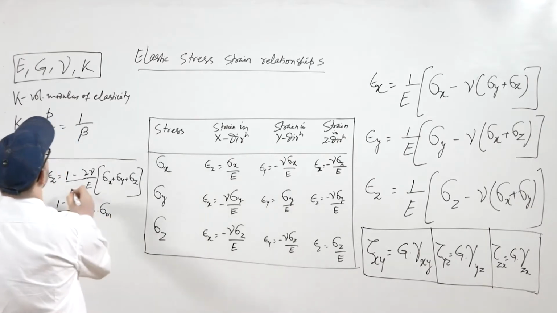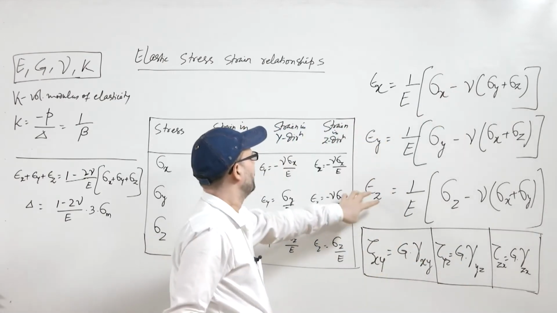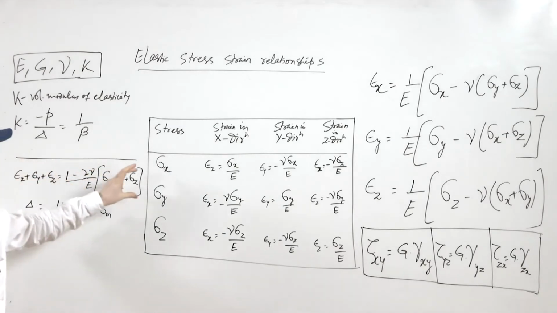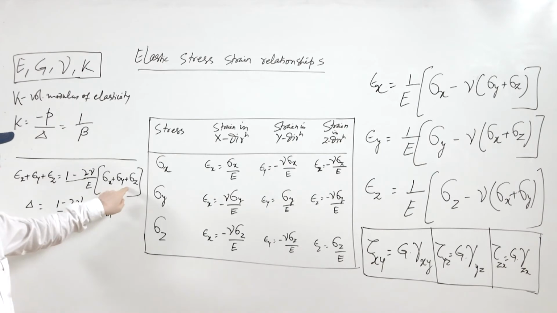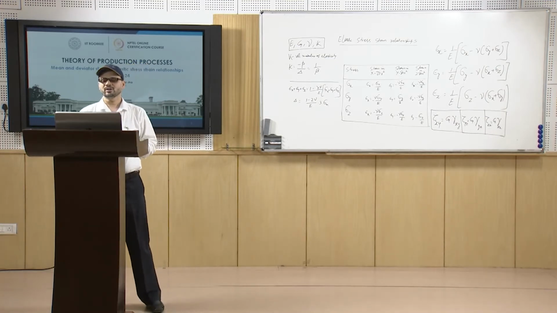Basically, you have got this expression by adding these 3 equations. Now this is your volumetric strain, and that will be (1 minus 2 nu) by E into 3 times the mean stress. That is what the mean stress is: sigma x plus sigma y plus sigma z by 3.